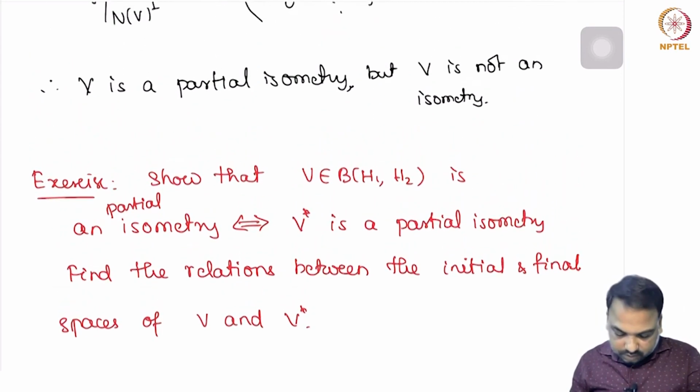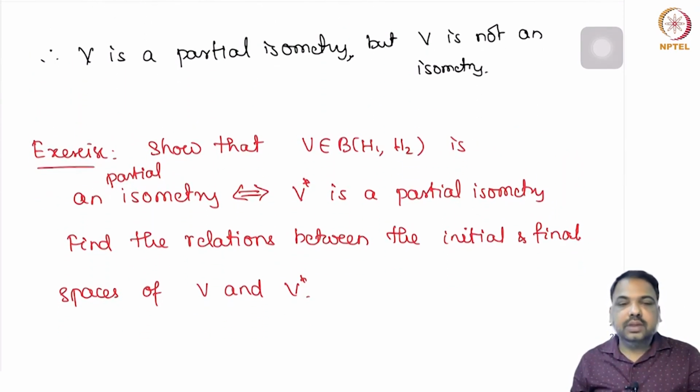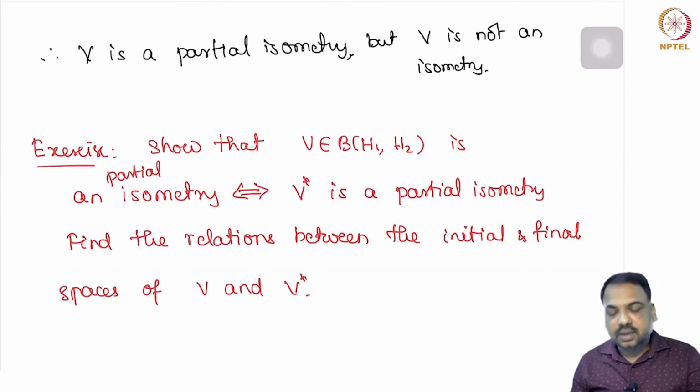Okay, so we are going to use this concept of partial isometry at a later stage to analyze an operator in a better way. So that we will be looking at a later stage.